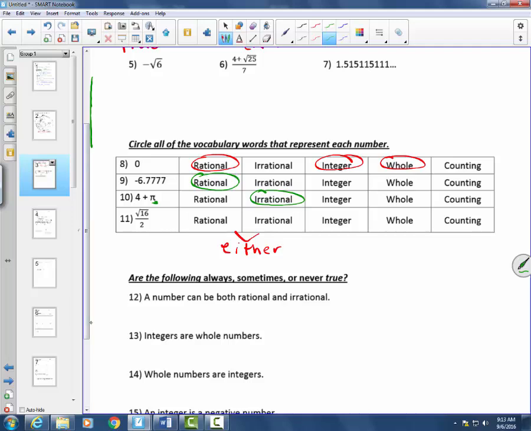Well, the square root of 16 is 4 divided by 2. 4 divided by 2 is 2. So sometimes you might have to simplify those to see if it'll go down any further. So this one is rational, right? It's a whole number. It's an integer. It's a counting number because I can actually count to 2.